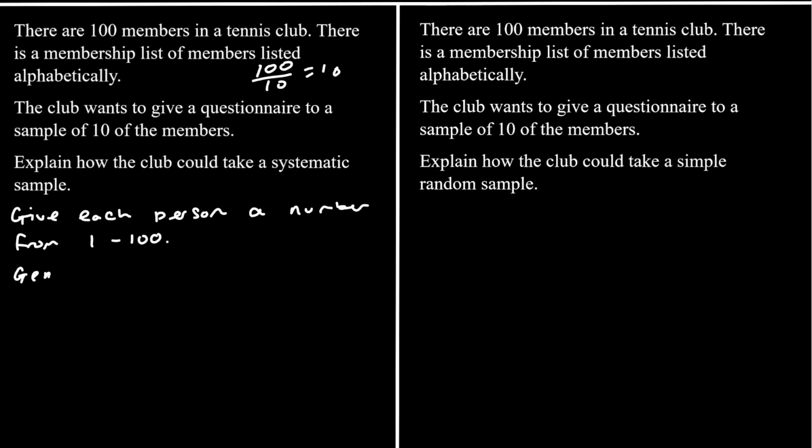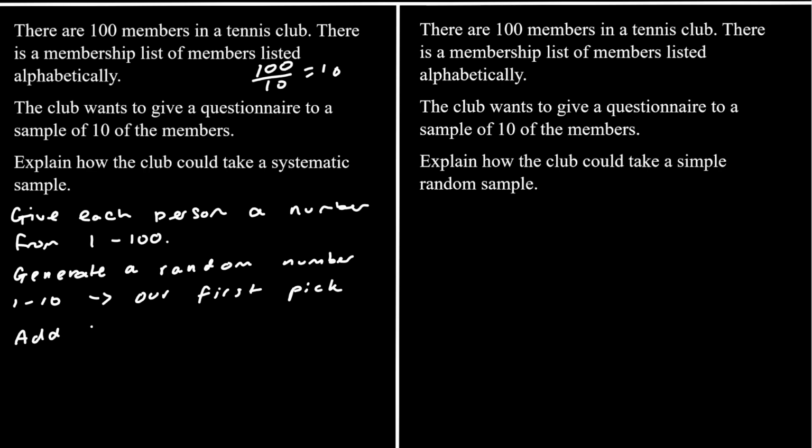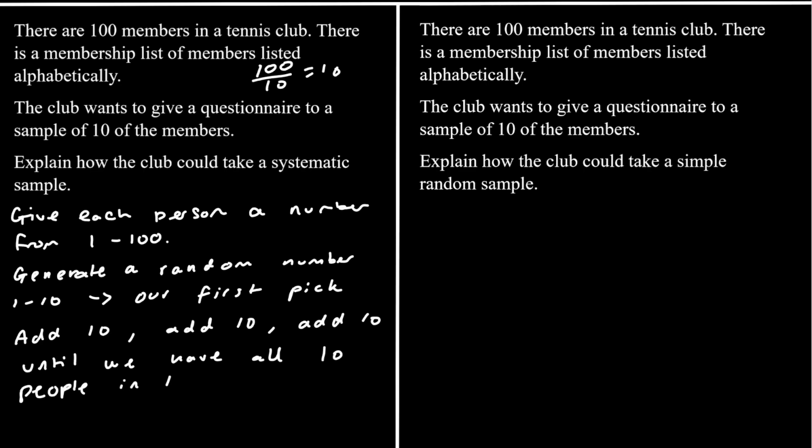So we'll generate a random number between 1 and 10, and that'll be our first pick. And then we'll add 10, add 10, add 10, until we have all 10 people in the sample.